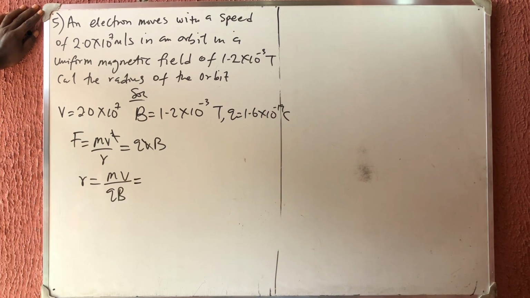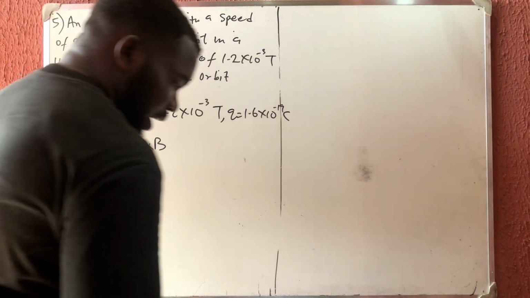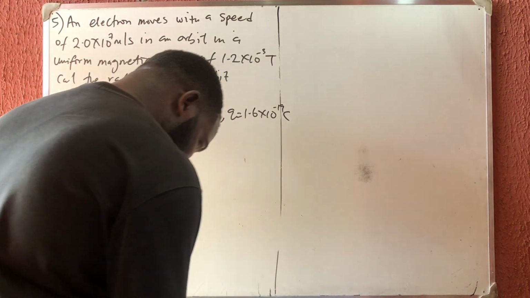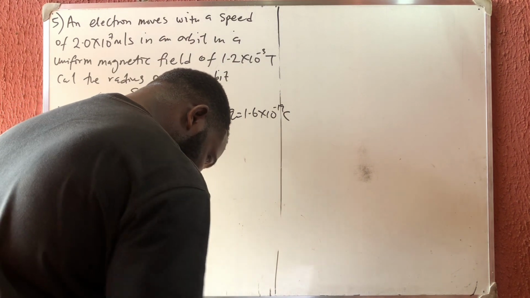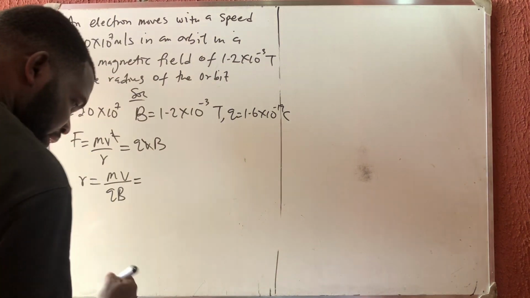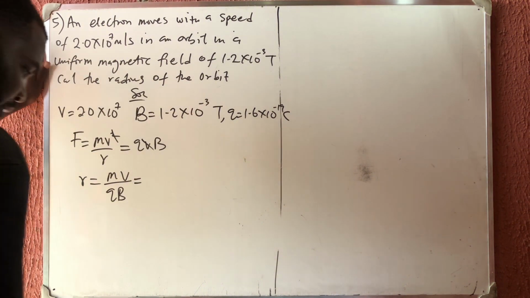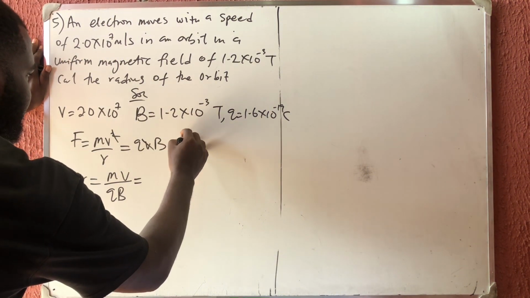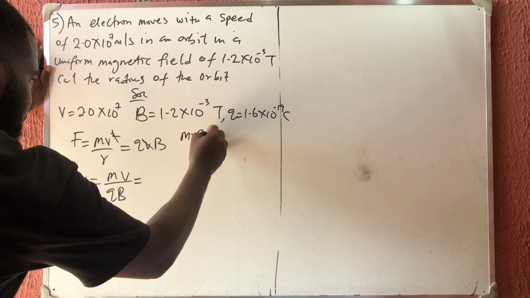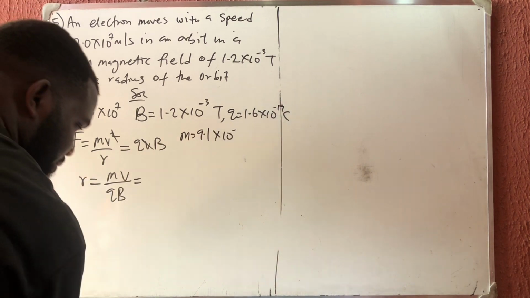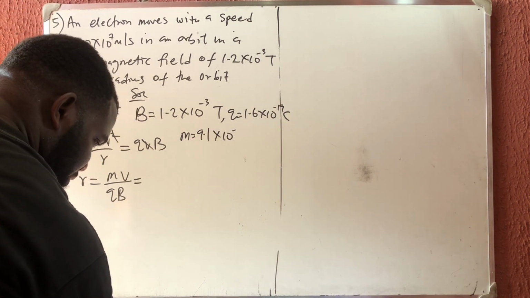So the mass of an electron. Yes, you need to know the mass of an electron. The mass of an electron is 9.1 times 10 raised to power minus 31 kg. Okay, they gave it to us in the question set.